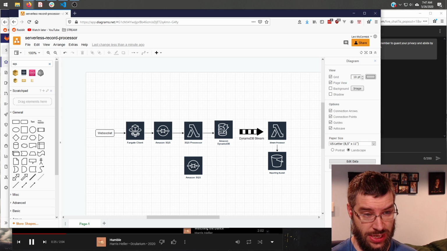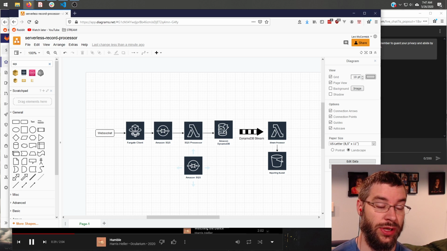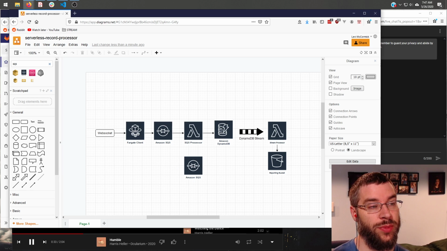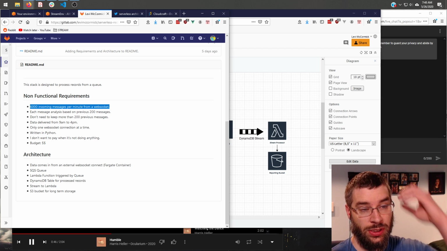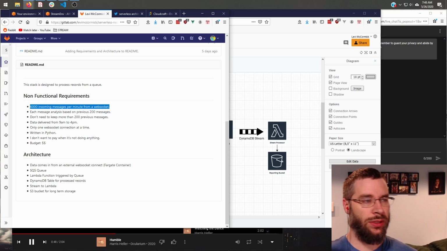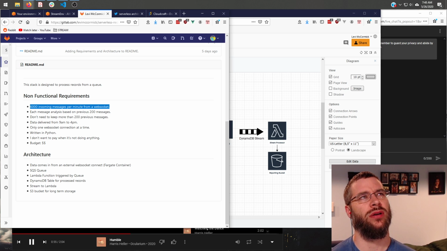And we will definitely need something like that here in our architecture, because we're going to be operating at a high volume at the front end here. If you think about 6,000 messages per minute, that's probably not a lot of data, just raw bytes.